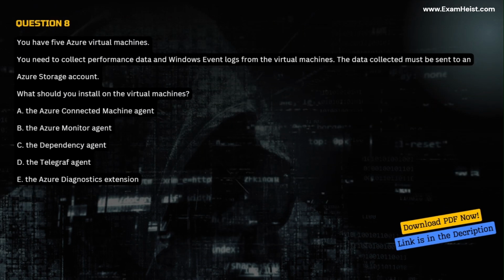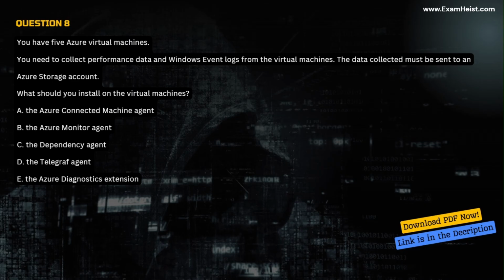Question 8. You have 5 Azure virtual machines. You need to collect performance data and Windows event logs from the virtual machines. The data collected must be sent to an Azure storage account. What should you install on the virtual machines? A. The Azure Connected Machine Agent. B. The Azure Monitor Agent.